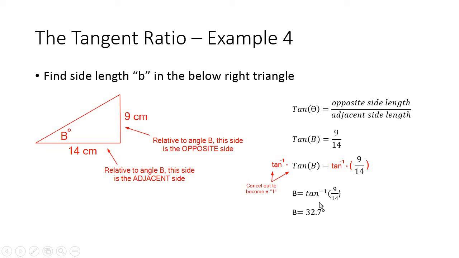Again, on your calculator, on mine anyway, you push the second button and then tan. That'll bring up tan -1, and then you plug in 9 divided by 14 and you end your bracket, and you'll get 32.7352, etc. And just rounding to the tenths place, that's what you get there.